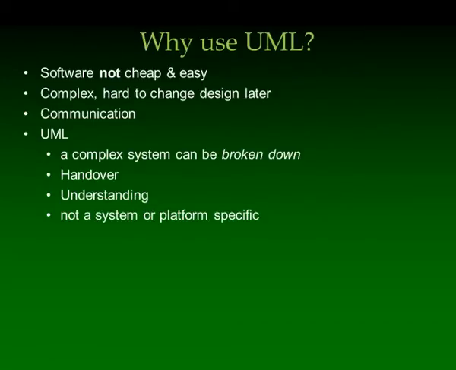And so why do we need this? Well, people may think that making software is cheap and easy to produce. Not true at all. Software, especially big software, can be extremely complex. And once you've put a design in place, it may often be difficult and long-winded to change it.